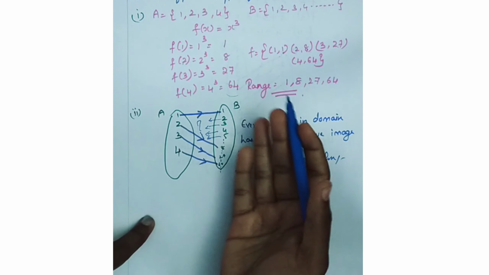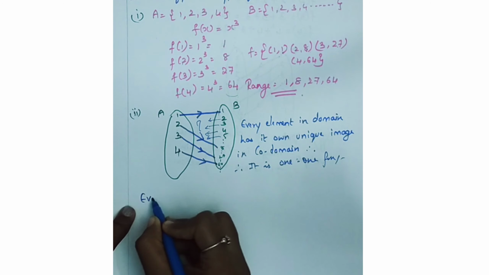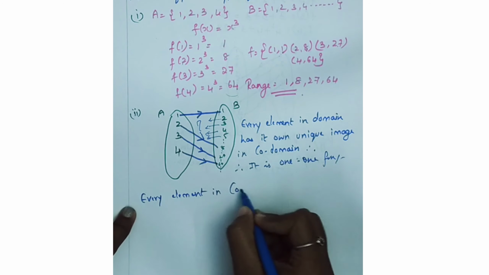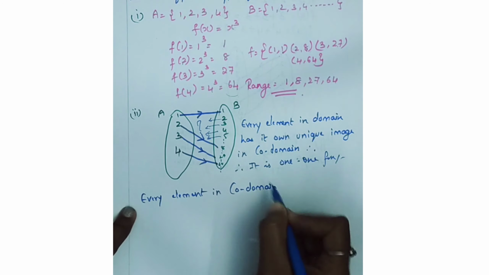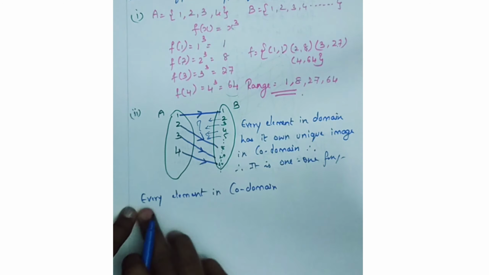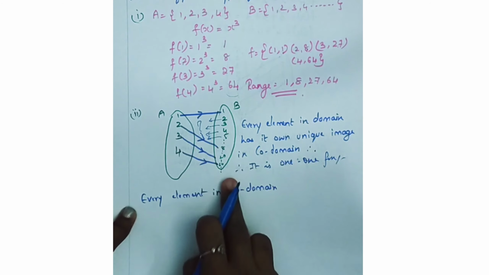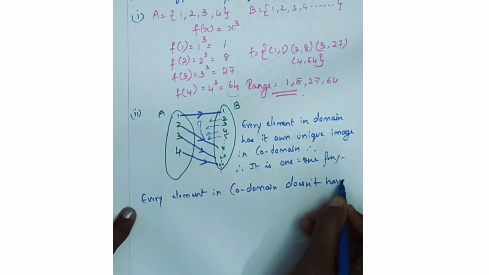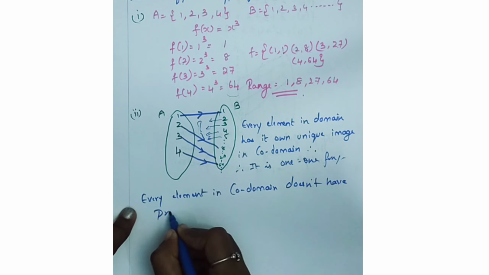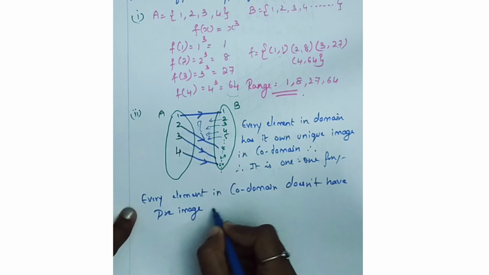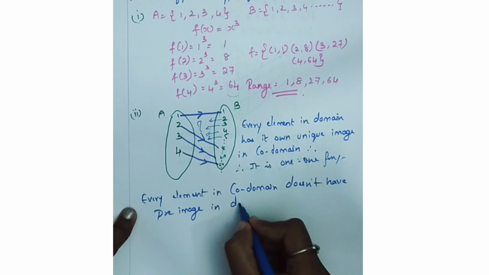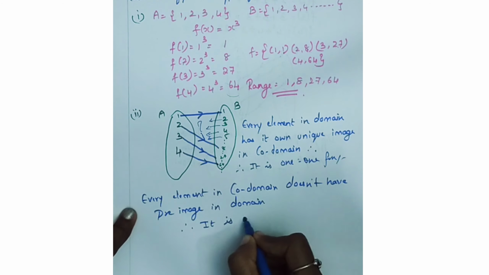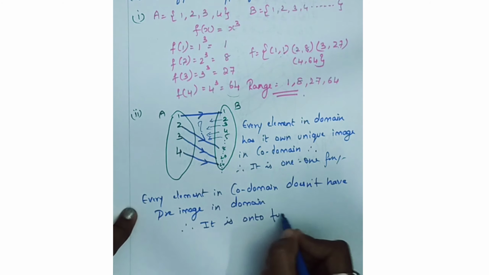So directly you write: some element in codomain does not have a pre-image in domain. Therefore it is not an onto function.